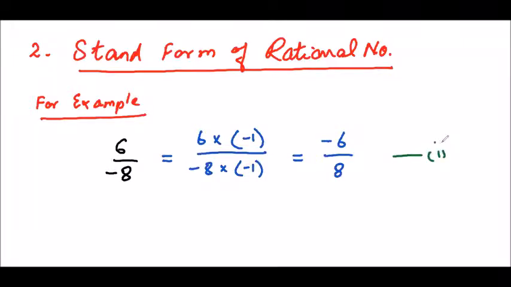First step, you will check whether the sign is minus or plus in the denominator. If it is plus, then no need to solve this step. If it is minus, then you will solve it. Now second step.